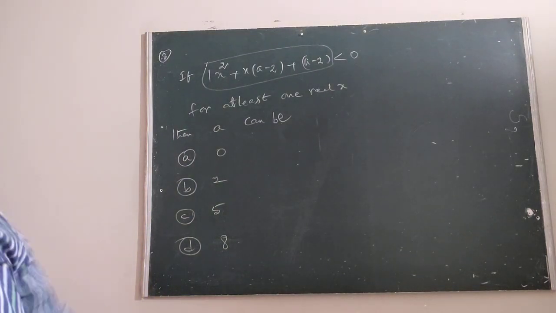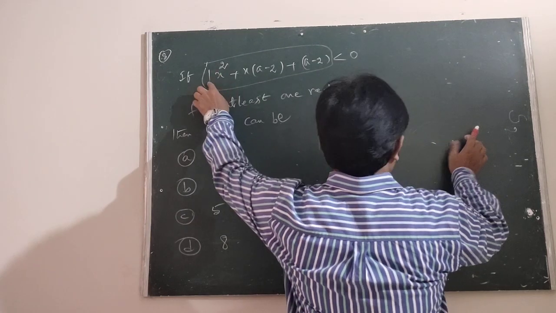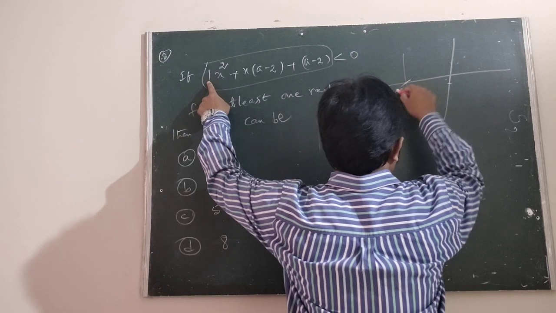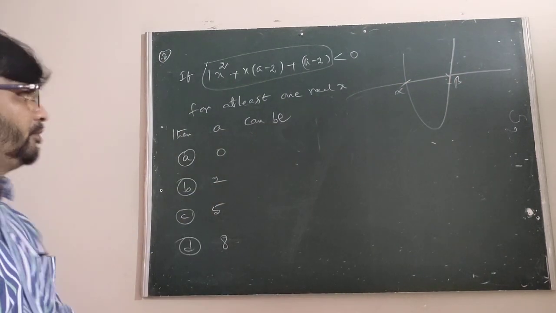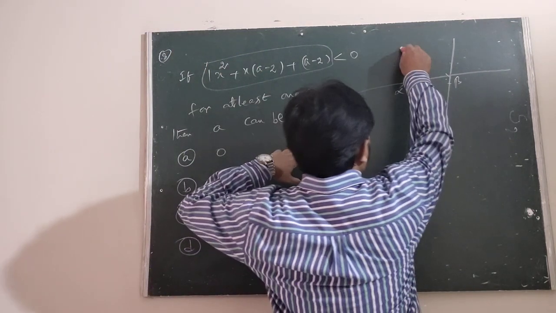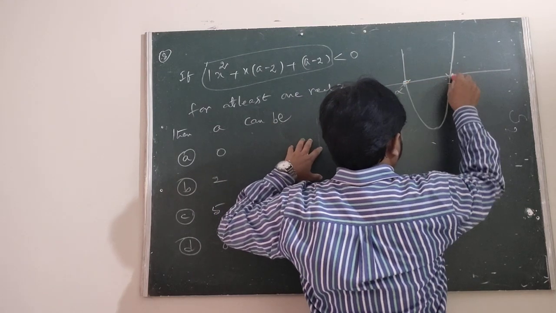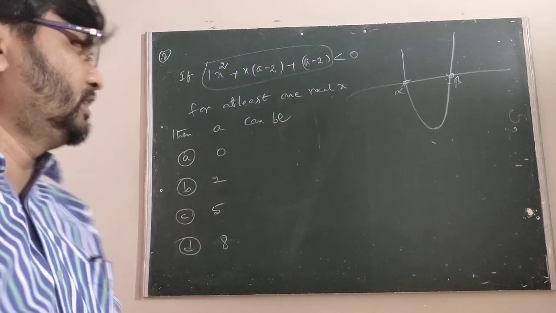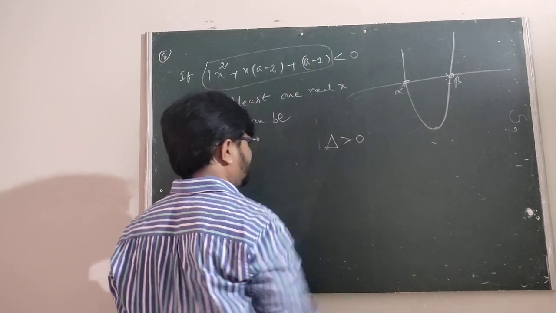But whenever we observe that the x square coefficient is positive, undoubtedly the graph is like this one. This is alpha, this is beta. So in between alpha and beta, undoubtedly it is less than 0. When the curve intersects the horizontal x-axis at two distinct points, undoubtedly the discriminant must be greater than 0.